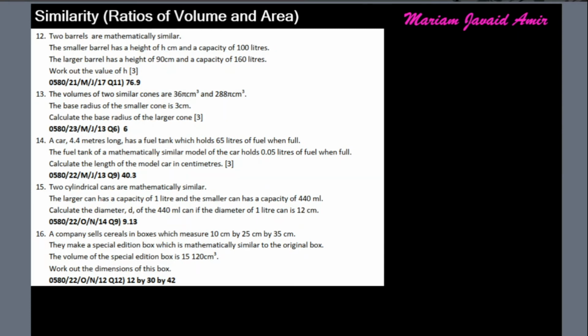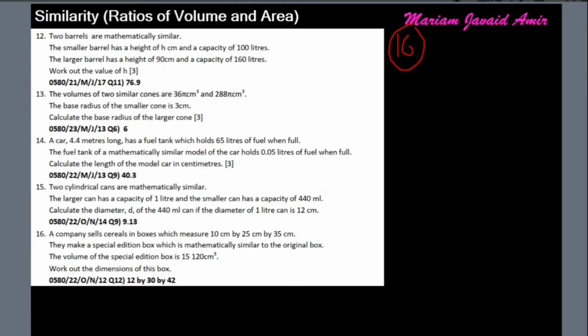Question 16. A company sells cereals in boxes which measure 10 by 25 by 35. They make a special edition box which is mathematically similar to the original box. The volume of the special edition box is 15120 centimeter cube. Work out the dimensions of this box.